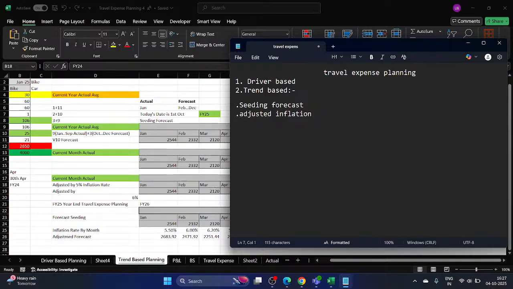Third thing is also the same: adjusted inflation, setting predicted outcome.